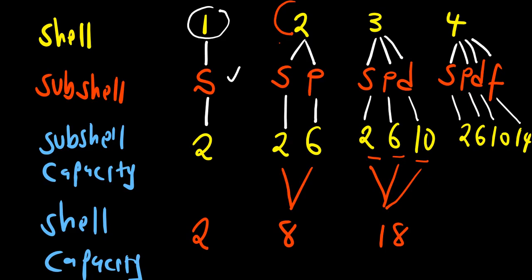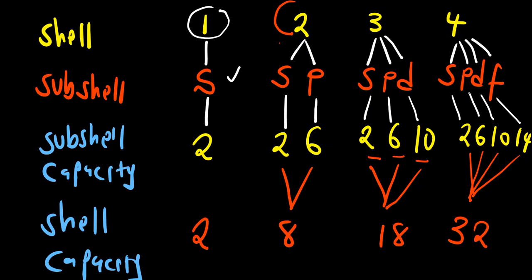What's the shell capacity in terms of electrons? So you have 2, you have 6, you have 10, and you also have 14. So we add 2 plus 6, that is 8. 8 plus 10, that is 18. 18 plus 14, that is 32.